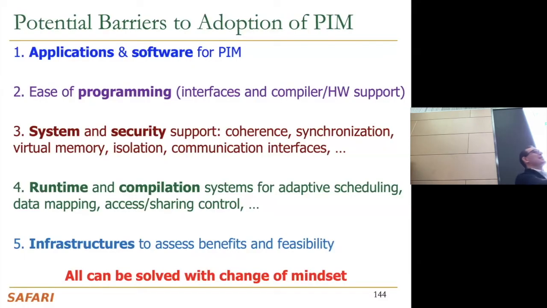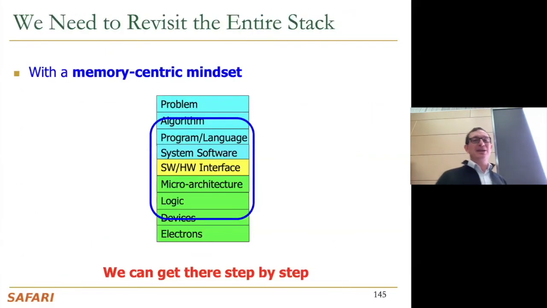Whether that central unit is a processor, GPU, CPU, or accelerator, it's still a central unit. It's very compute-centric. We need to re-examine all of these choices. And clearly that requires a will and a mindset change. So I think we need to really examine the entire stack to get to a memory-centric mindset.